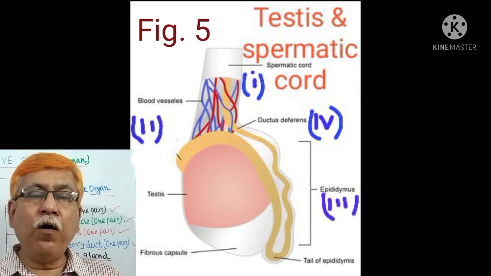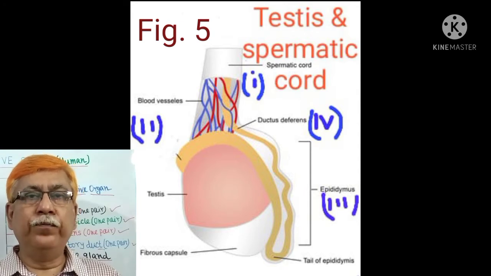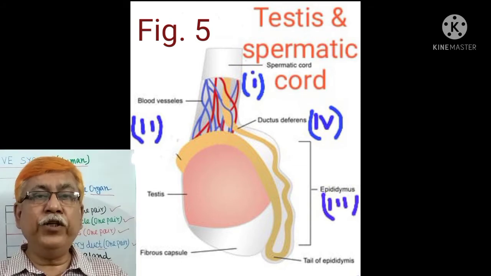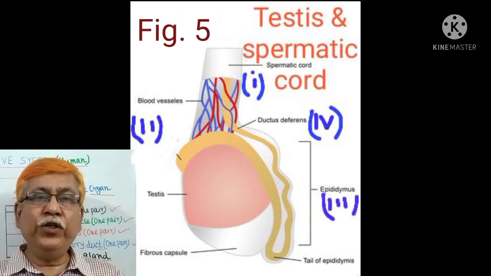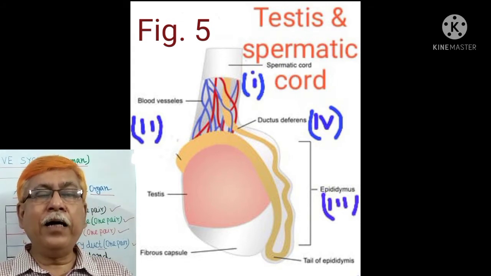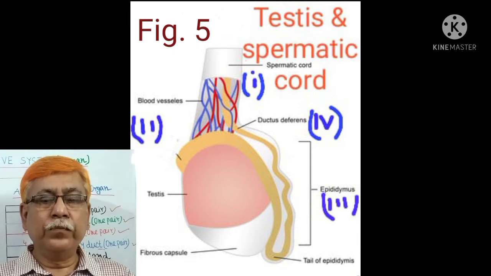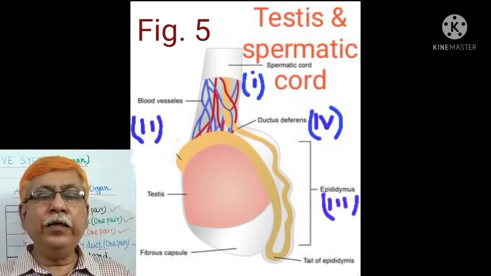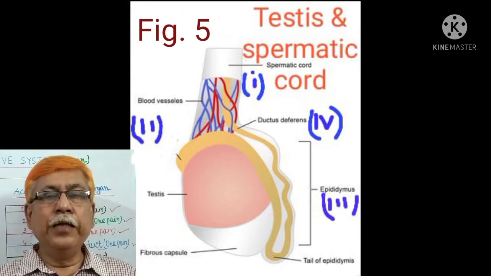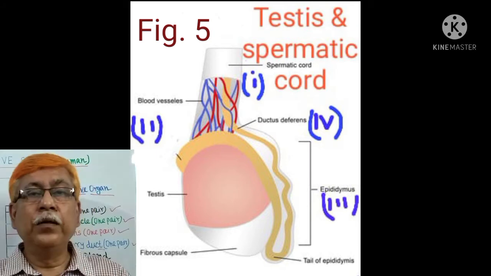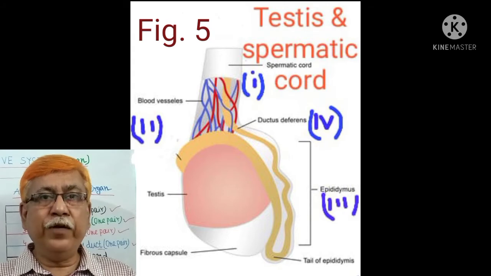Each spermatic cord is composed of blood vessels, that is testicular artery and testicular vein, ductus deferens or vas deferens, and epididymis. Number 1 is spermatic cord, number 2 blood vessel, number 3 epididymis, number 4 vas deferens.